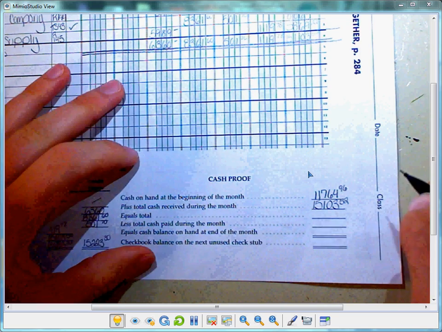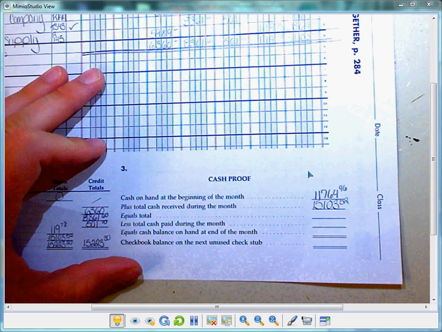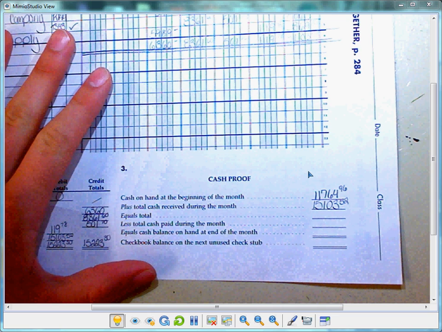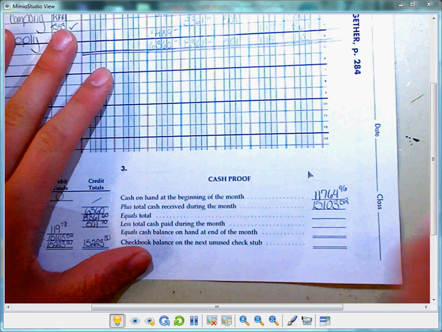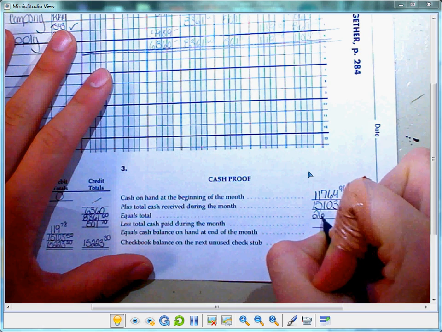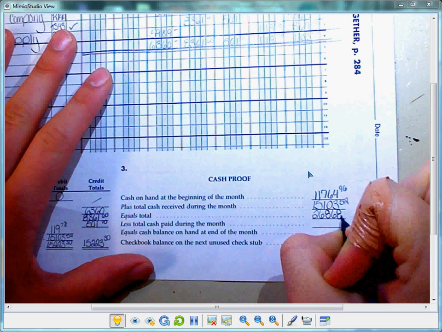So our next line is a total. If we add those together, we get $26,868.48.